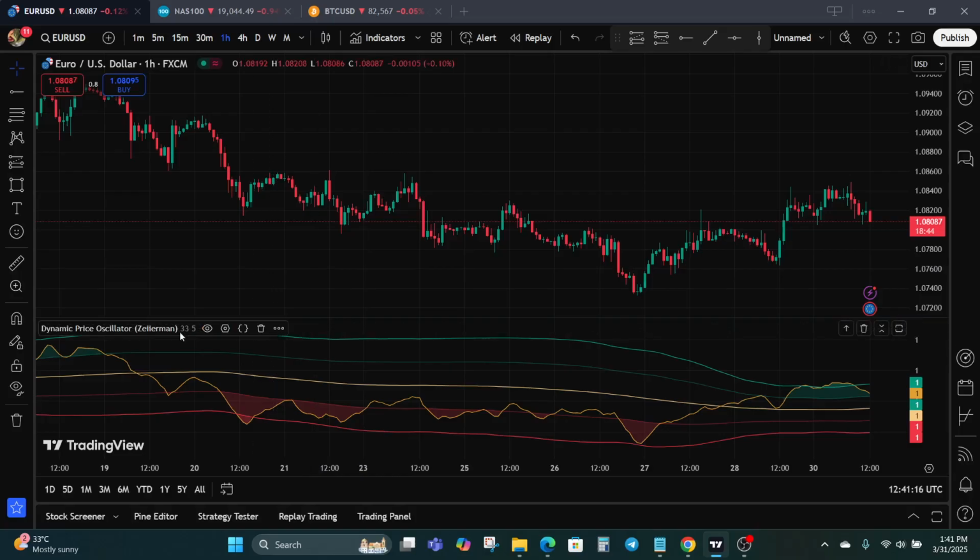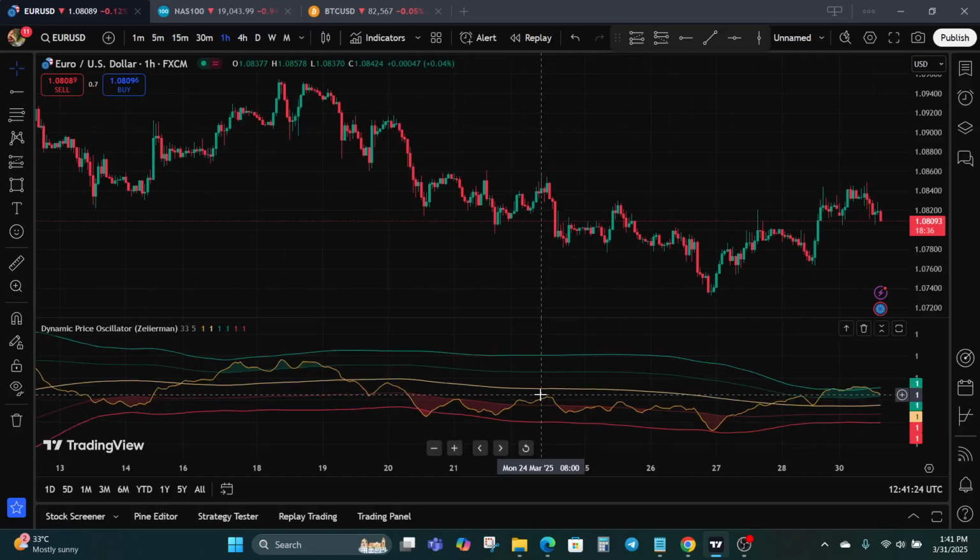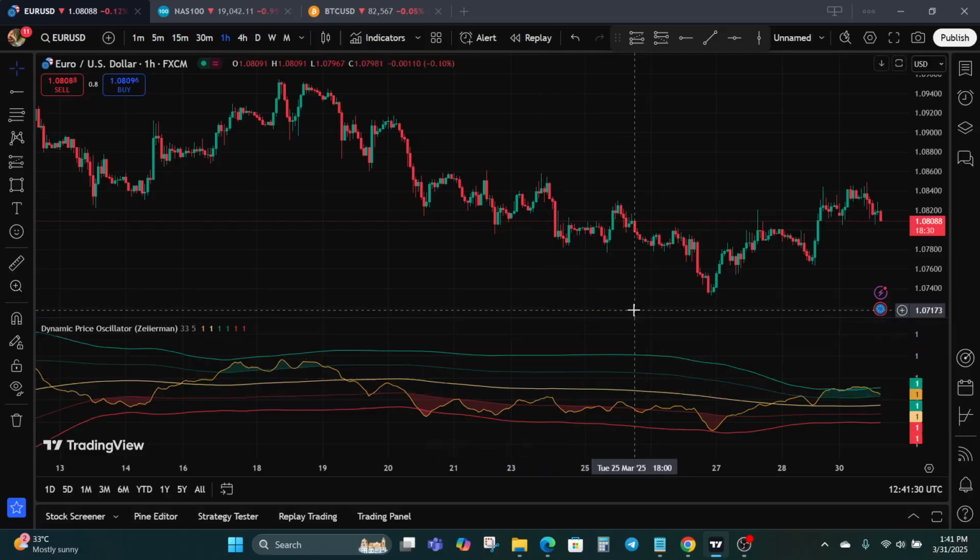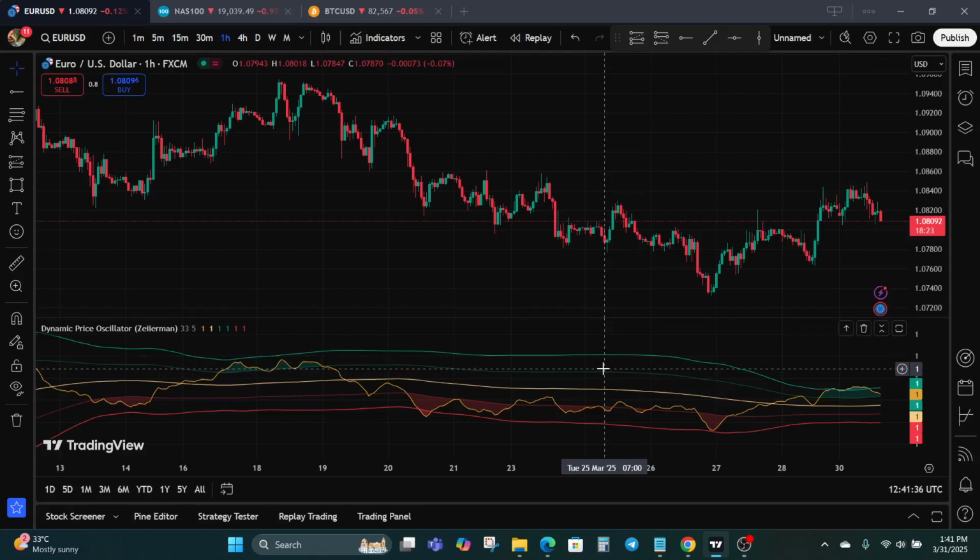So this indicator, the dynamic price oscillator, or the DPO for short, is an all-in-one indicator that helps traders understand momentum strength, volatility shifts, and trend confirmation in a single glance. Now, with respect to momentum, the indicator detects price acceleration or deceleration.